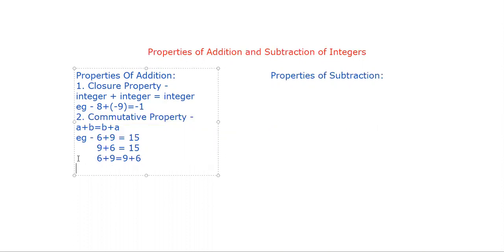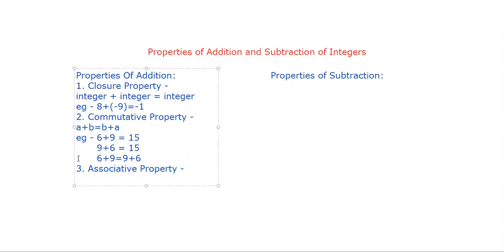Now the third property we are going to do is the associative property. So what is an associative property?